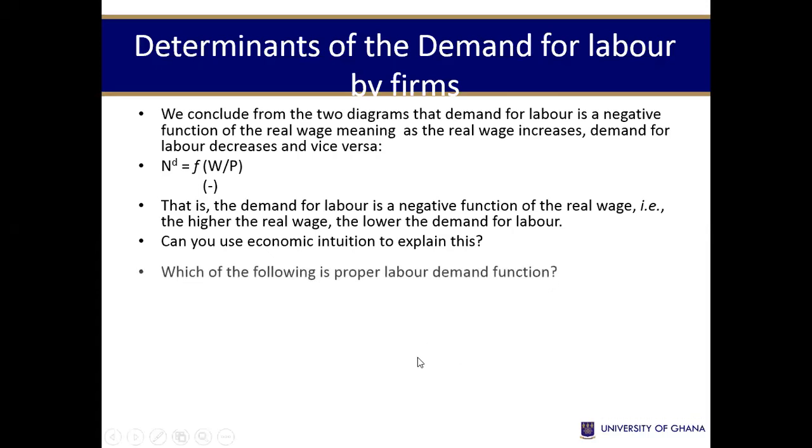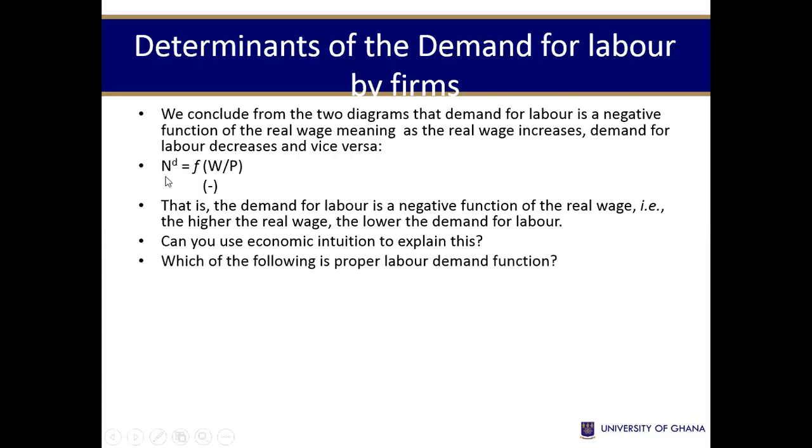what we've seen now is the demand for labor function is negatively related to the real wage. They are asking which of these labor demand functions are truly labor demand functions. What they are asking for is there's supposed to be a negative relationship between W over P and ND.